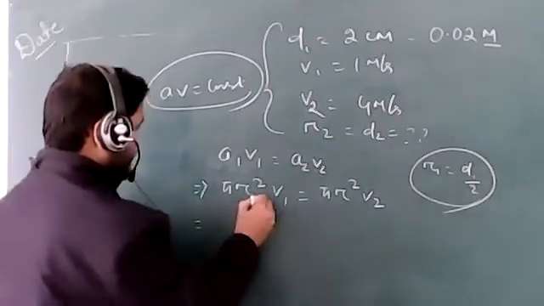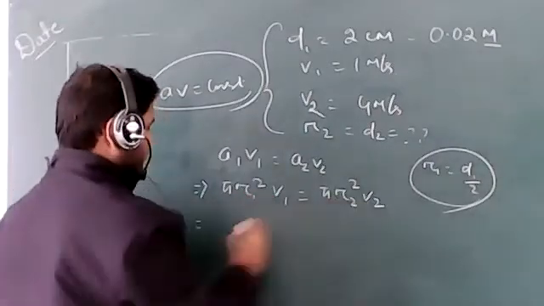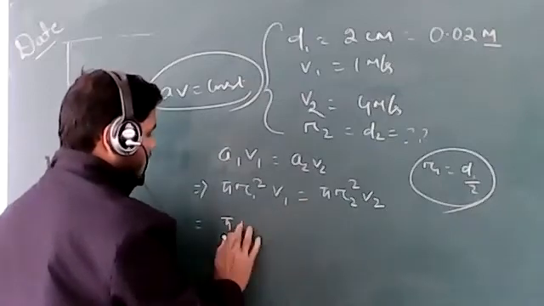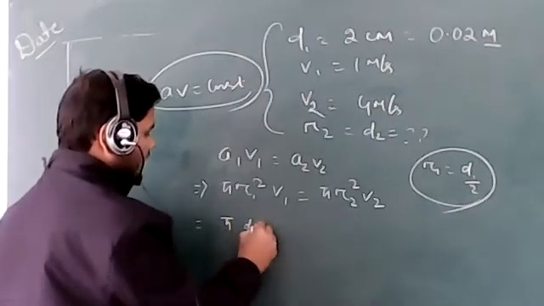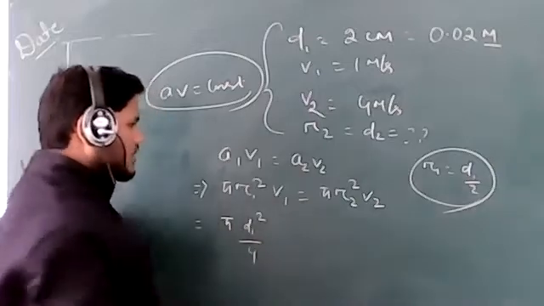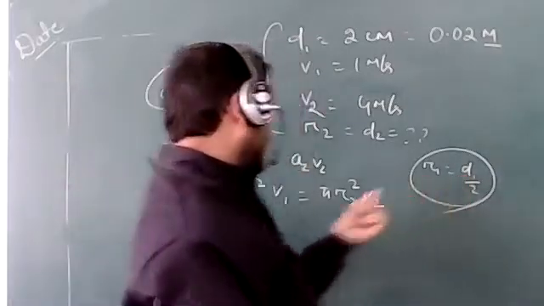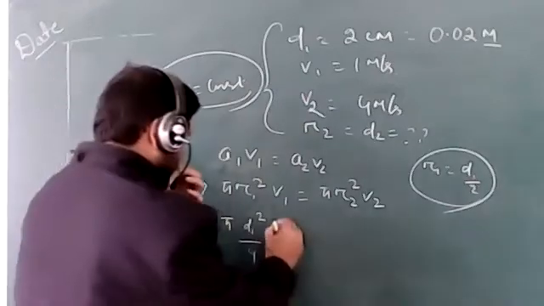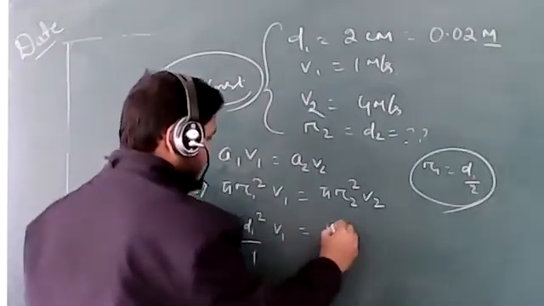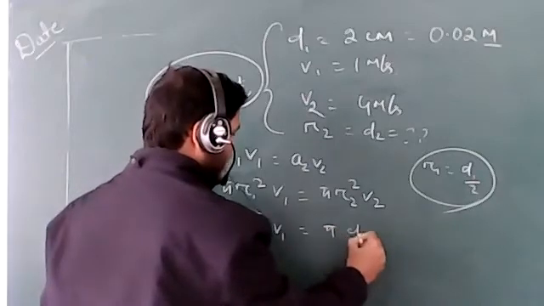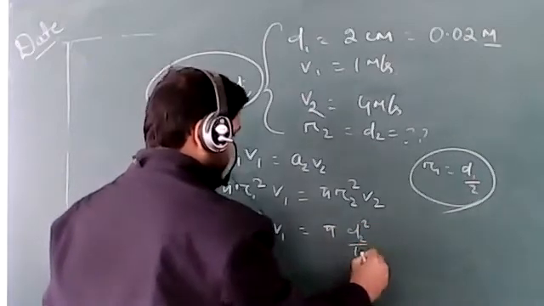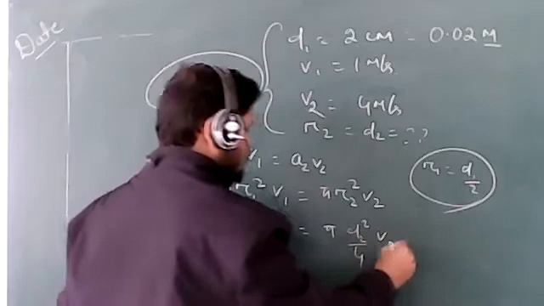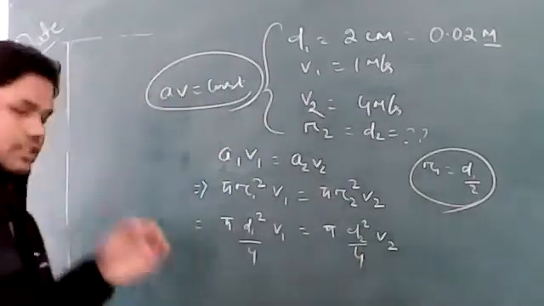So in place of r1 square we can write d1 square upon 4, because r1 is d1 upon 2. So pi into d1 square divided by 4 into V1 equal to pi into d2 square divided by 4 into V2.